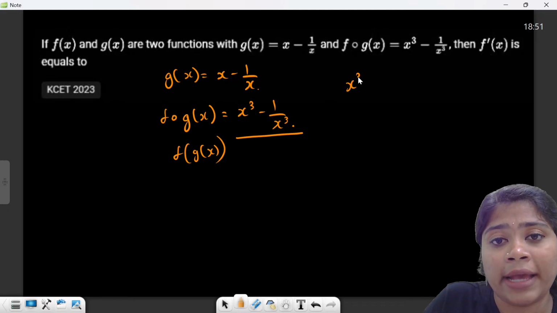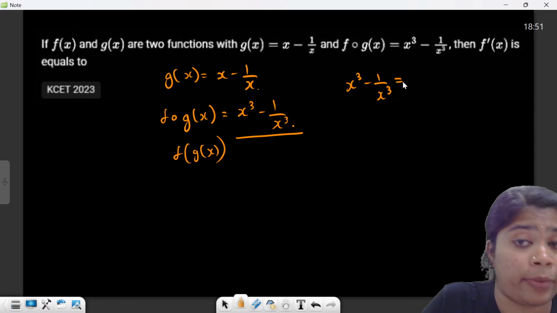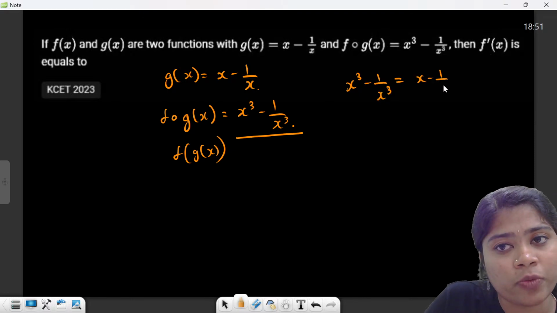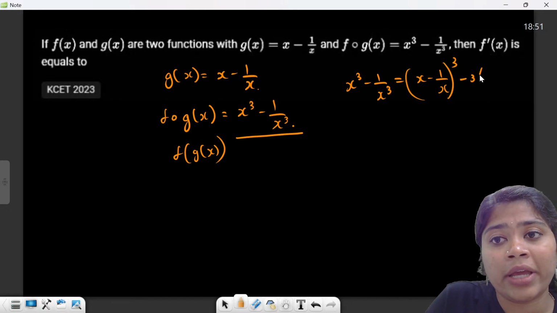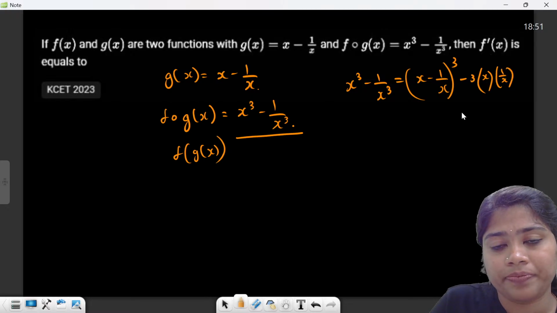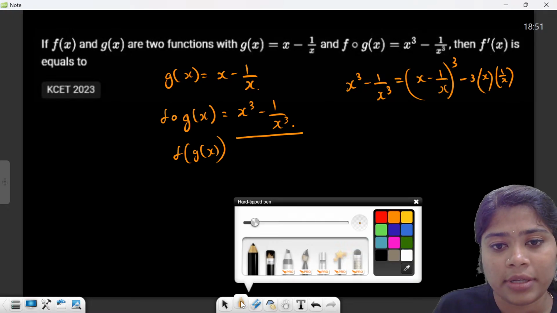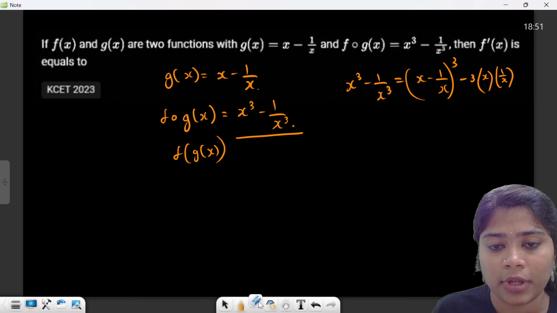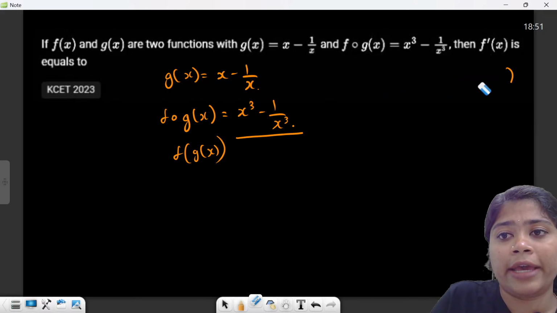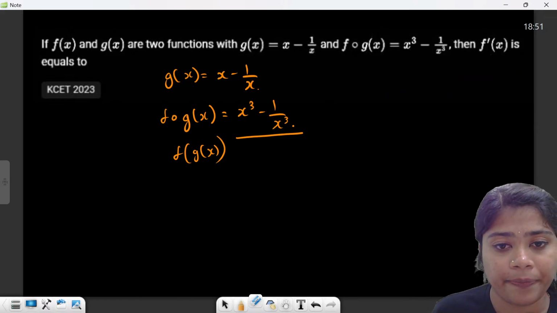So we know that x cube minus 1 by x cube can be written as x minus 1 by x, the whole cube, minus 3 into this and this. First of all, let me recollect the formulas. What I am using here is the a cube minus b cube formula.